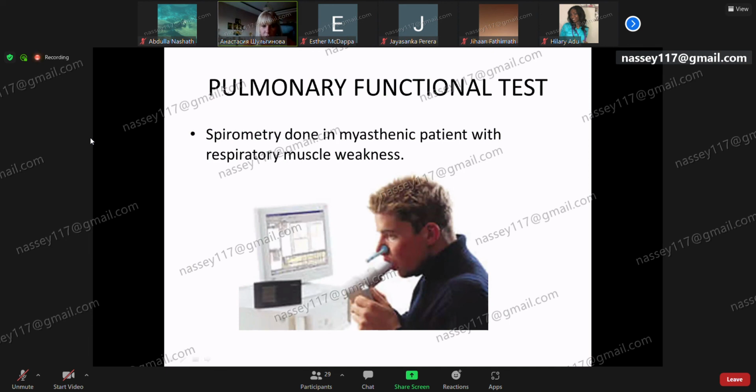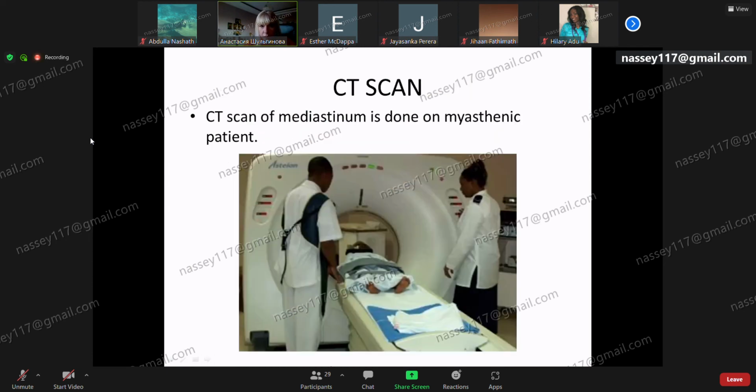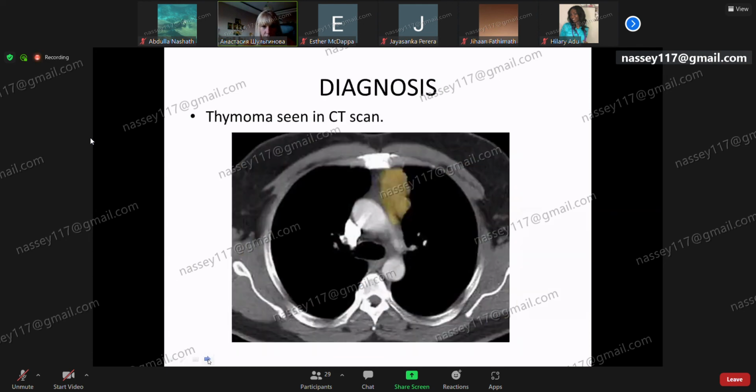Pulmonary function test, spirometry, is done for those groups of patients who have respiratory muscle weaknesses, to see the level of oxygen. CT scan illustration of the mediastinum. Thymoma seen. CT scan with large thymoma.